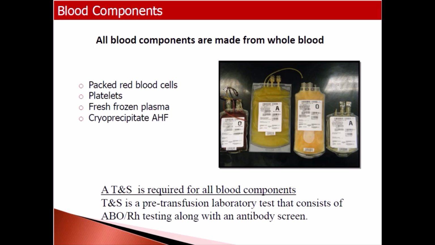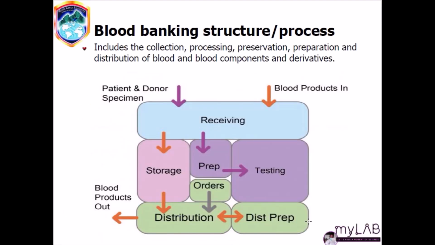And we will be looking at what these bags are, how you identify these bags, what anticoagulants we use in this case, etc. And of course, each of these components also needs to undergo what we call a TNS, which is a pre-transfusion laboratory test that consists of ABO and Rh testing, along with antibody screening.